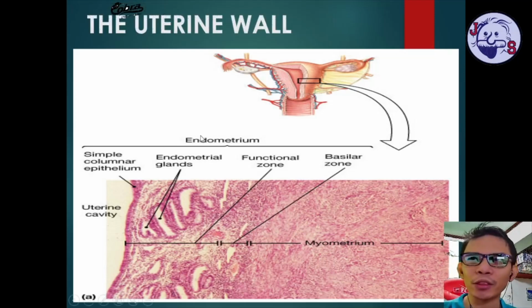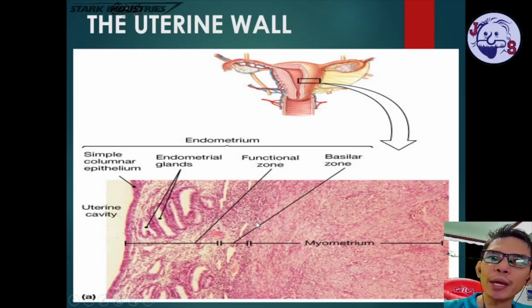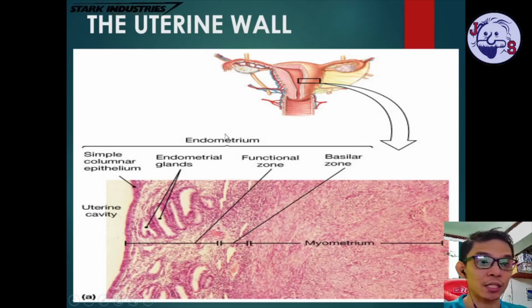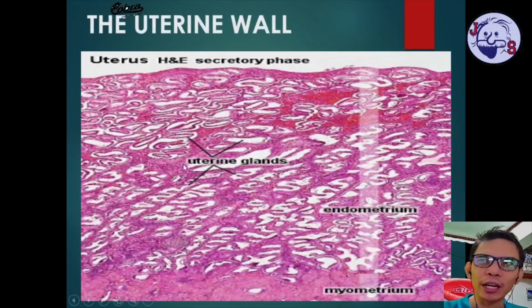Okay, let's take a look at the other parts. We have here the endometrium, and furthermore the myometrium. During the menstrual cycle, the endometrium is the one that increases in thickness. If fertilization happens, it catches the developing zygote and embeds it into the endometrium.